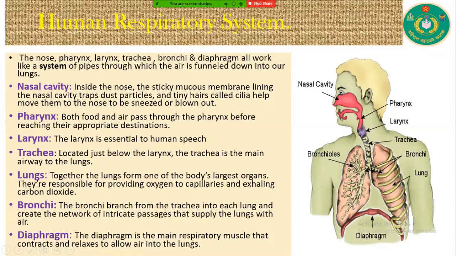we discuss the nasal cavity. Boys, inside the nose, the mucous membranes lining the nasal cavity trap dust particles and tiny hairs called cilia help move them out of the system or they are blown out.